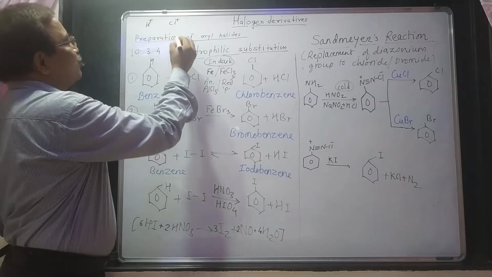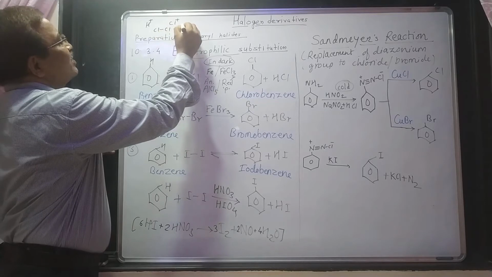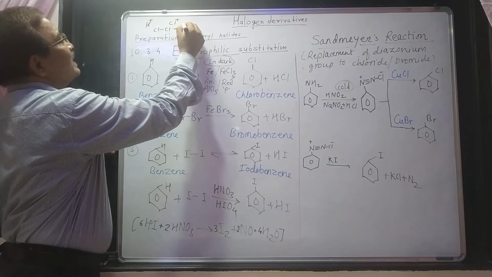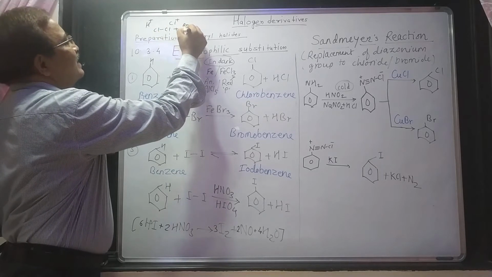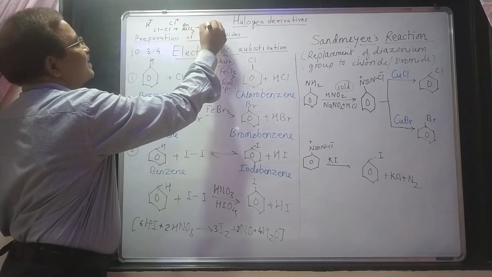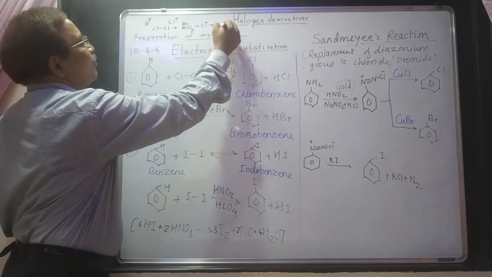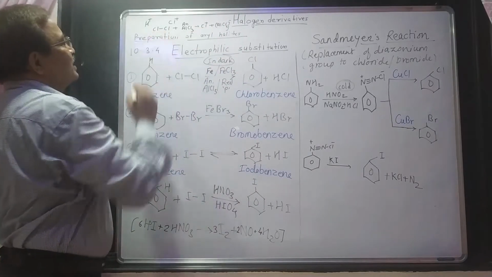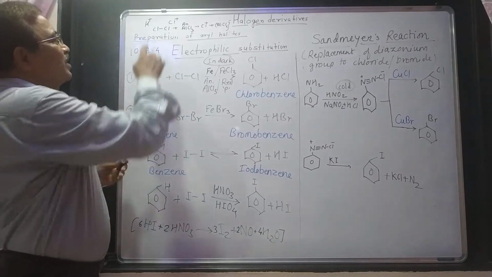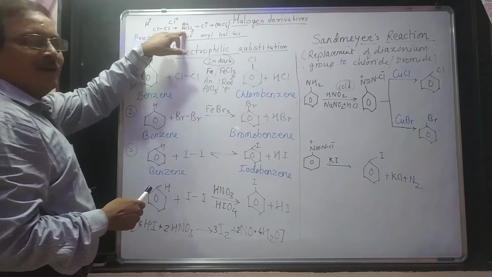So there we have to study one reaction: when chlorine combines with anhydrous AlCl3, we get Cl plus and AlCl4 minus. So here unsymmetrical breaking of the Cl-Cl bond takes place due to presence of a Lewis acid.